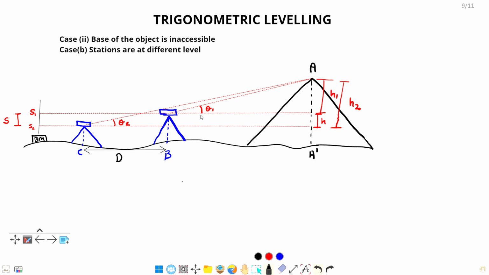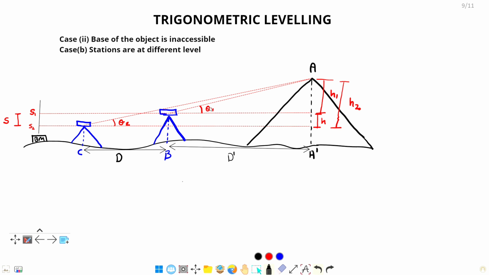So by using multiple readings we will try to establish some equation and we will get the value of RL at point A. So first let me make you understand that here the base is inaccessible, you cannot calculate this distance, so I am assuming it again as D dash, just like the previous case, D dash.